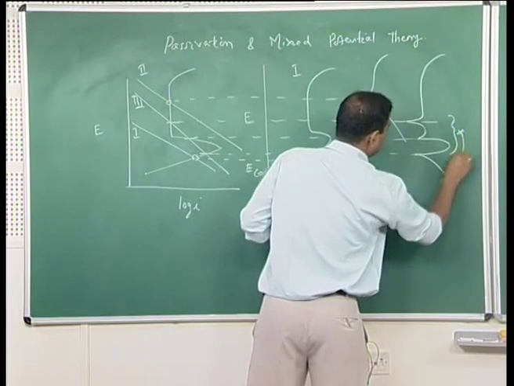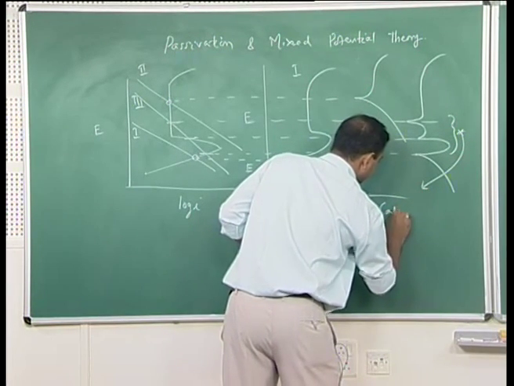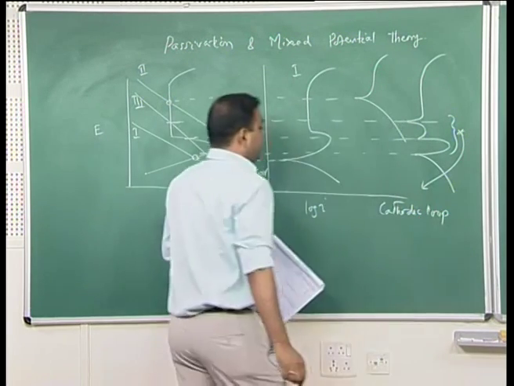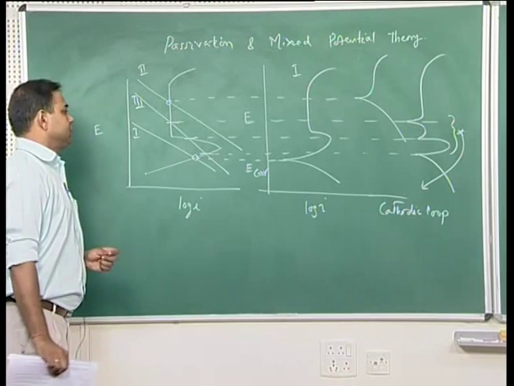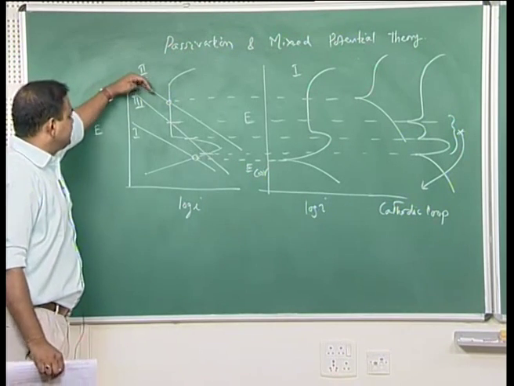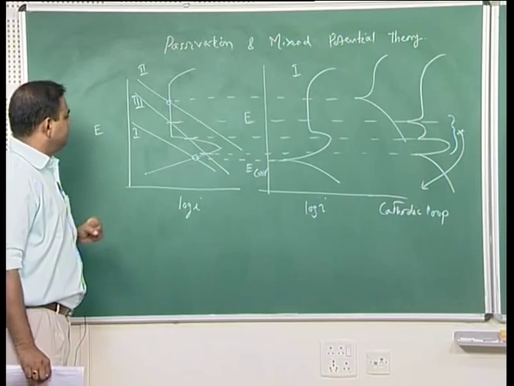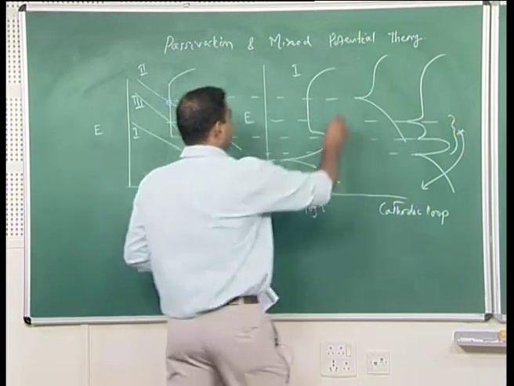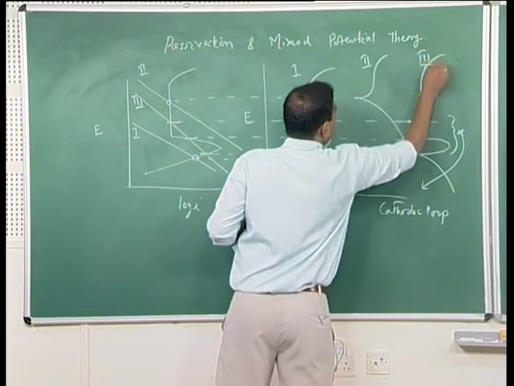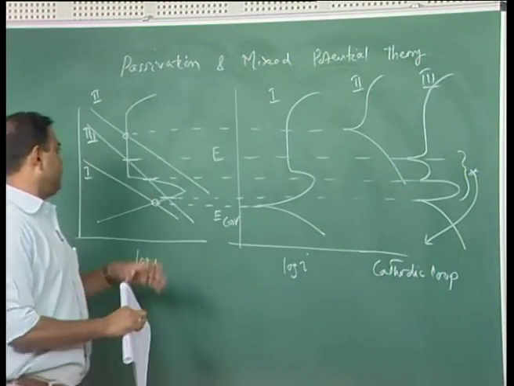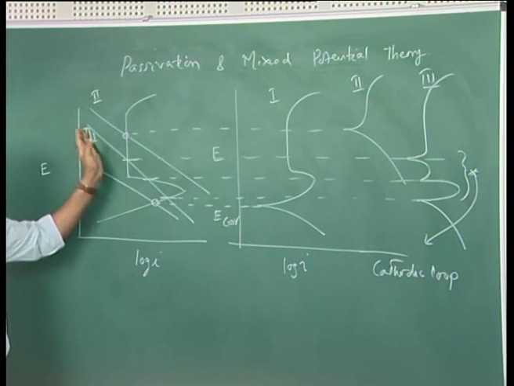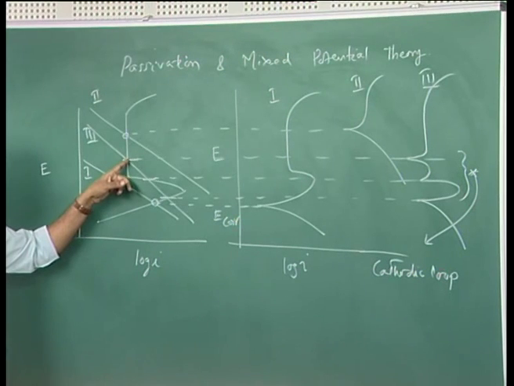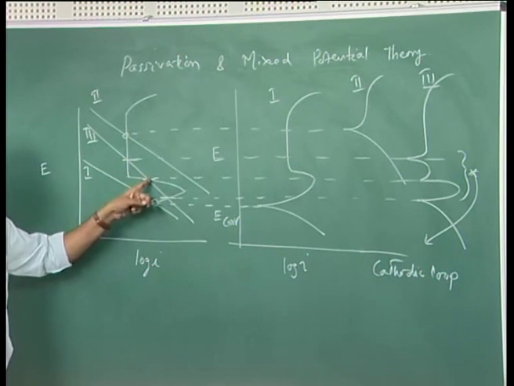We have seen that this part is called cathodic loop. Now, during mixed potential theory, we have to see where this cathodic polarization line is crossing the anodic polarization line, and this is case 2, and this is case 3, where you are attaining this cathodic loop because this cathodic polarization line is cutting at 3 positions, one at completely passive region, one at active region, and one at unstable region.